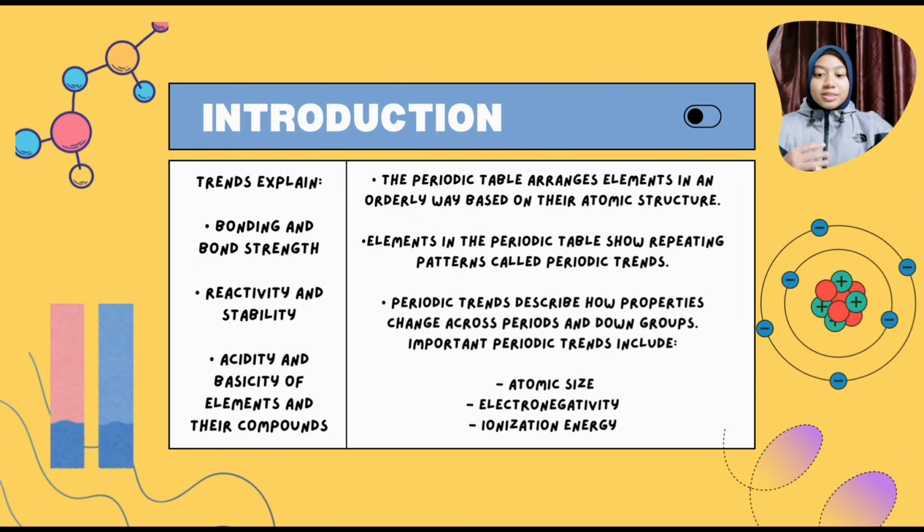So, instead of memorizing every single element, we use periodic trends to understand and predict their behavior. In inorganic chemistry, we study these elements and their properties, and periodic trends are one of the most important tools to help us understand how chemistry works.